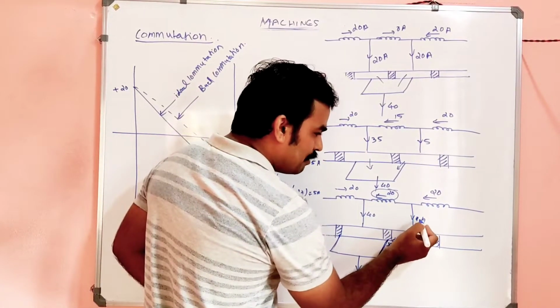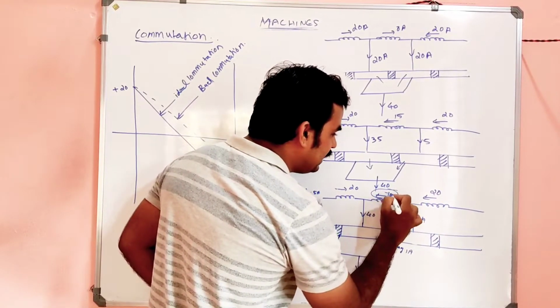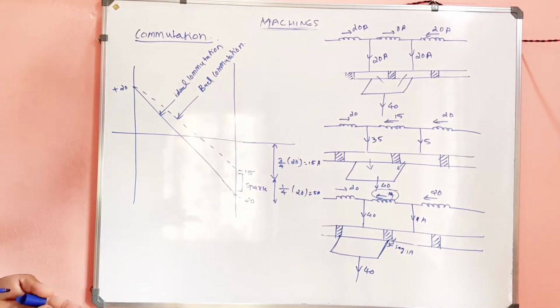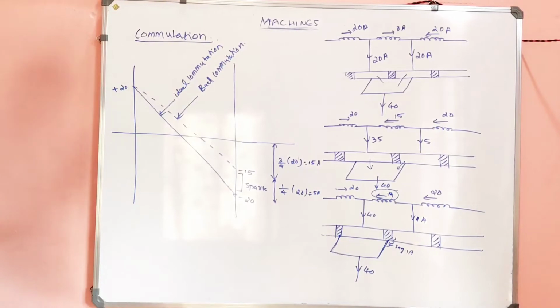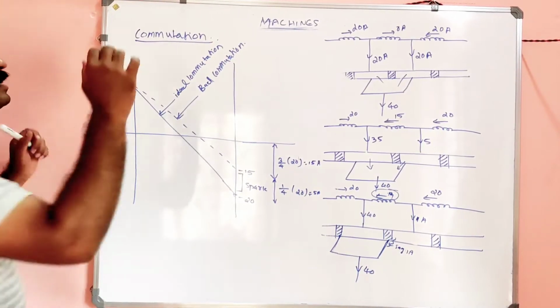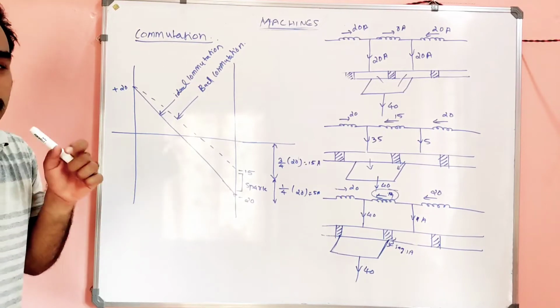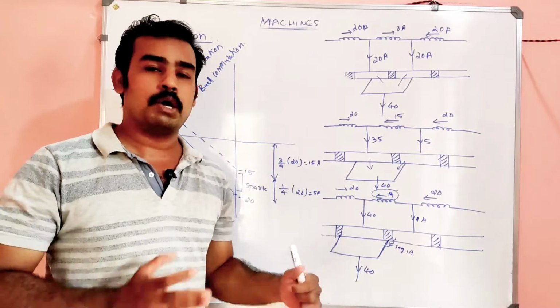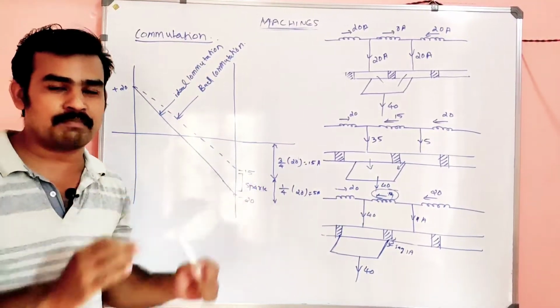Then 20 minus 1 will be 19. That means there will not be a complete reversal of current in the coil, due to sparking or imperfection in the insulating material between the commutator segments.